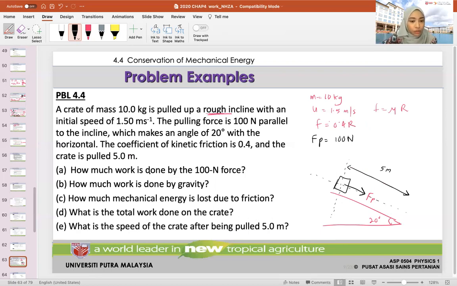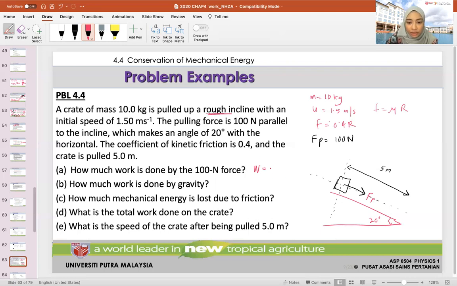How much work is done by the 100 Newton force? This question is easy. So what's the answer, guys? Work done is equal to... 500. How did you get it? 100 Newton multiplied by 5 meters.